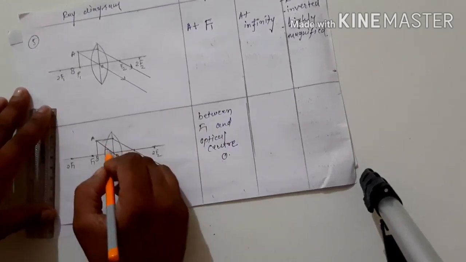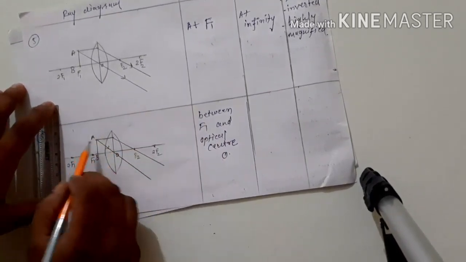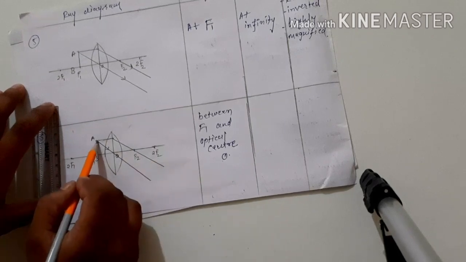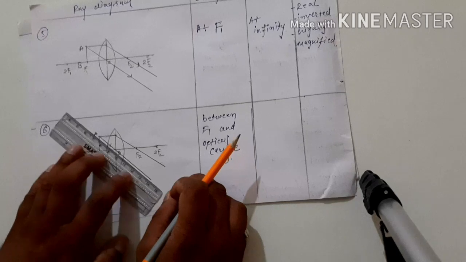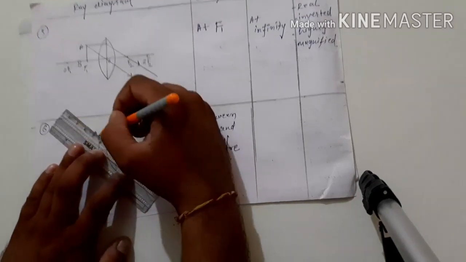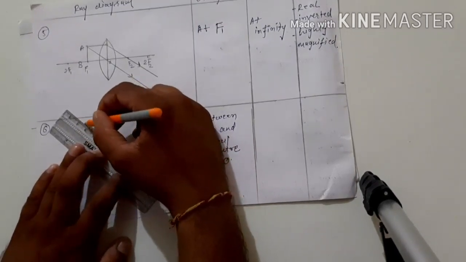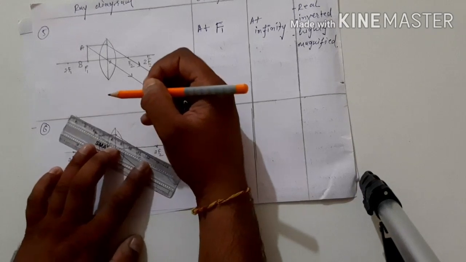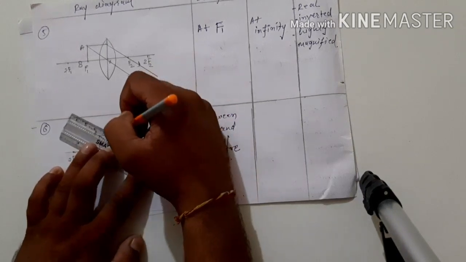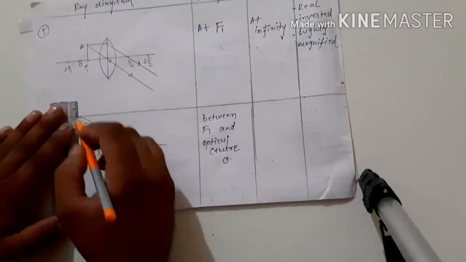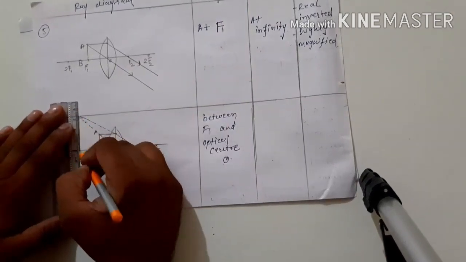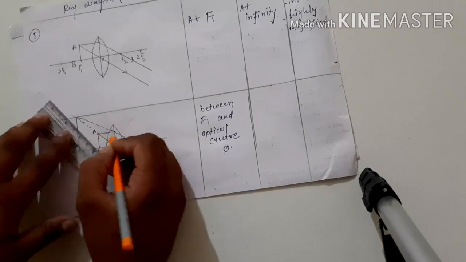Here we can say that if the refracted ray is extended backward, are we getting any type of image? Let's try to make it. We are extending the refracted ray in the backward direction like this. As it is extended backward, we will get the image.